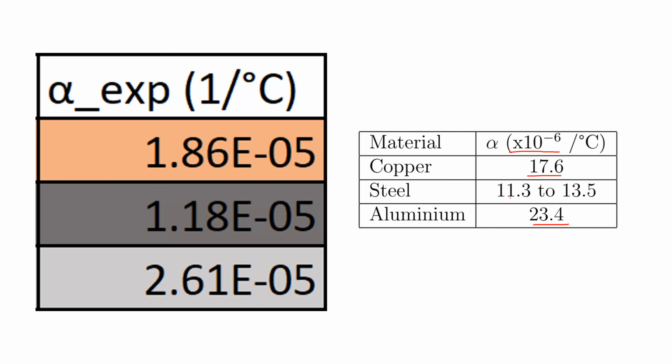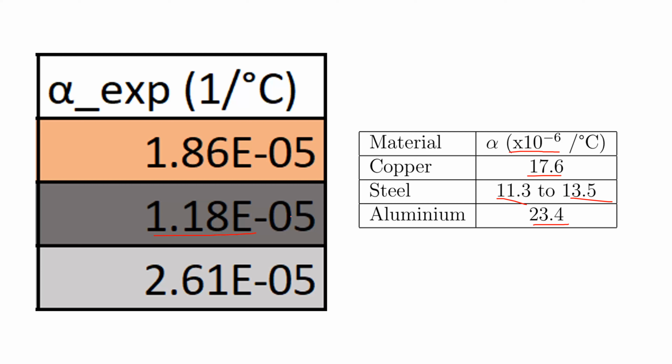But for steel, it's actually a range between 11.3 and 13.5 times 10 to the minus 6, 1 over degrees Celsius. And as you can see here, our experimental value for the coefficient is within that range. So theoretically, we could say that it has a 0 error if we take that the expected value is the same because it is in the range.